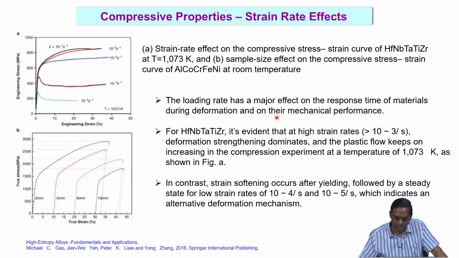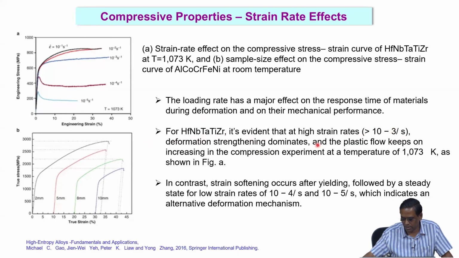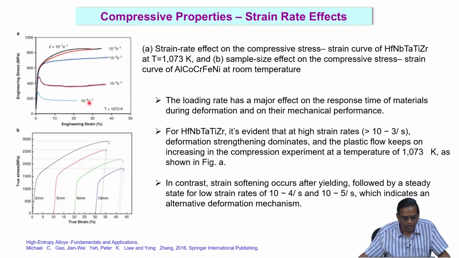The loading rate has a major effect on the response time of materials during deformation and on their mechanical performance. For example, in this hafnium, niobium, tantalum, titanium, zirconium alloy, it is evident that at high strain rates, which is beyond 10 to the power minus 3 per second, deformation strengthening dominates and the plastic flow keeps on increasing in the compression experiment at a temperature of 1073 Kelvin, as shown in figure A. So we are increasing the strain rate from 10 to the power minus 5 to 10 to the power minus 2.